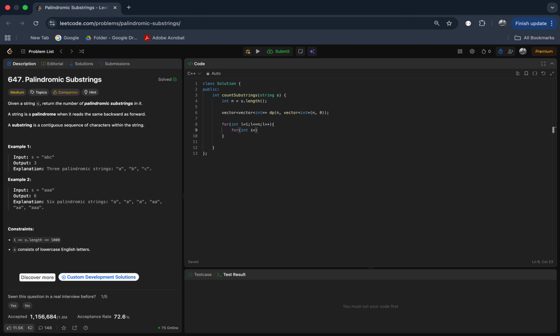So my row will be 0, then i is less than n and i plus plus. Why i less than n? Because we have index from 0 to n minus 1, and here we are calculating the length. And then I can calculate my j value with respect to the i value that I have.